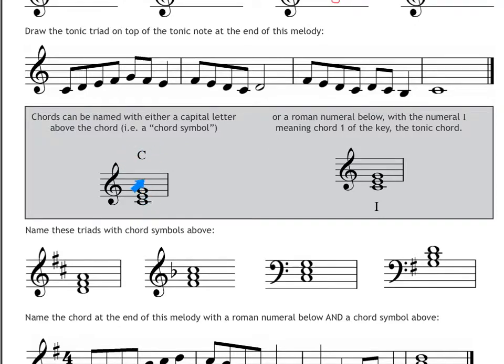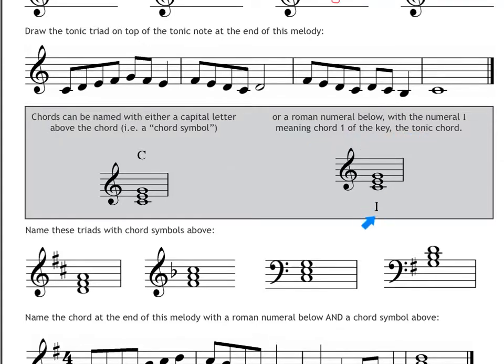And when you do that, you are actually playing different combinations of these three pitches, C's, E's, and G's for a C chord. The other way to label a triad is to use a Roman numeral below the staff, the Roman numeral 1, an uppercase 1. It means the one chord of the key or the tonic triad.